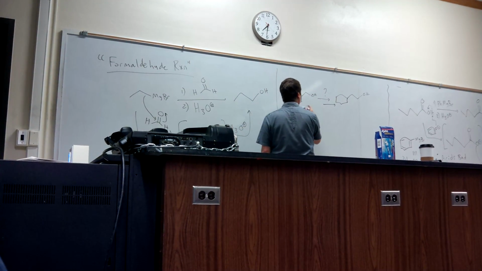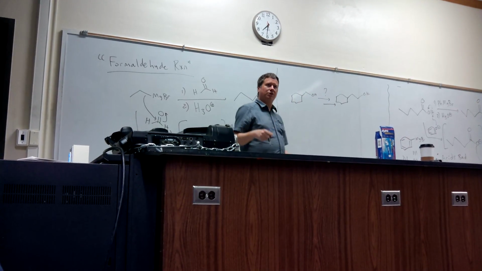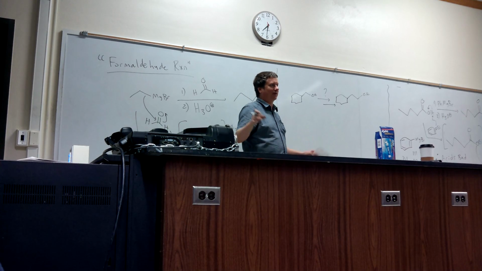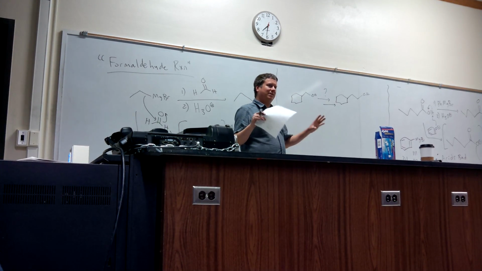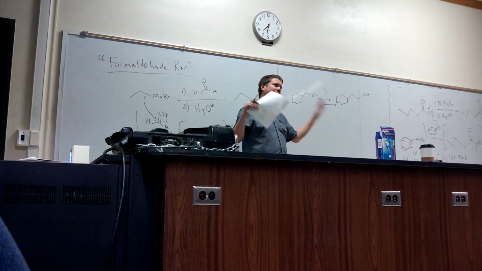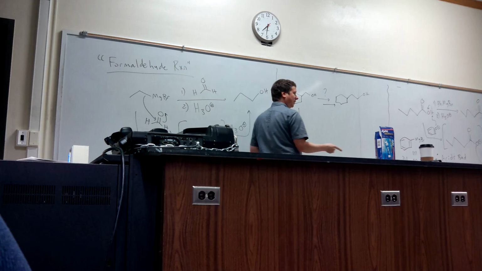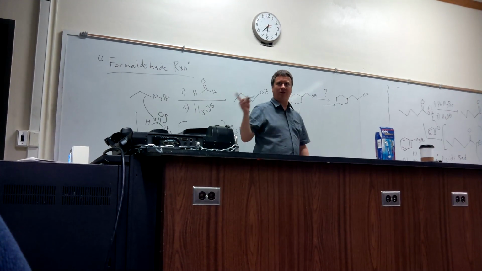So we could do this in the forward direction, or we could do this in the reverse direction. We teach both of these methods. Sometimes I like to go the reverse direction. This is pretty easy to do in the forward direction. So let's just do the forward direction here, okay? So we got to make a Grignard, and PBr3, or you can do SOCl2 to make the chloride.